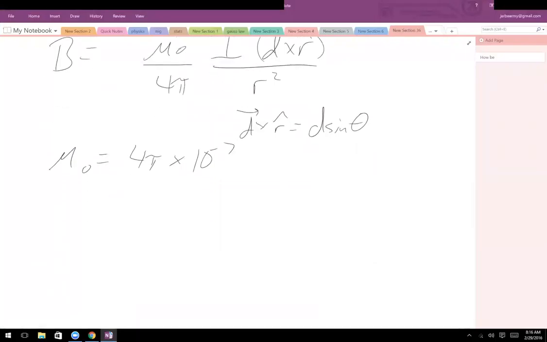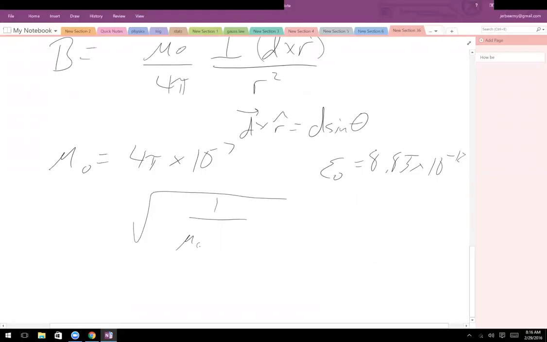Does anybody remember what epsilon naught was equal to? Yeah, 8.85 times 10 to the minus 12. Somebody who has a calculator, punch in 1 over the square root of mu naught times epsilon naught. Positive 7, right?